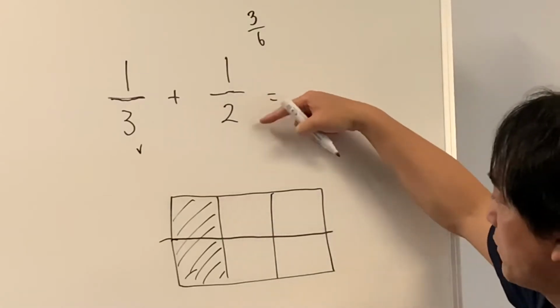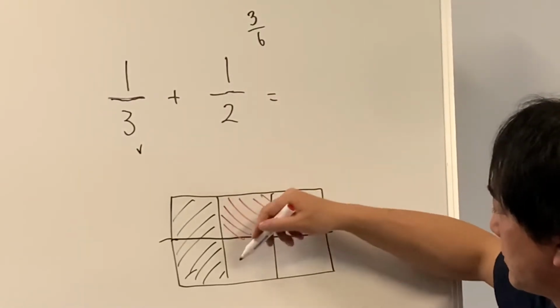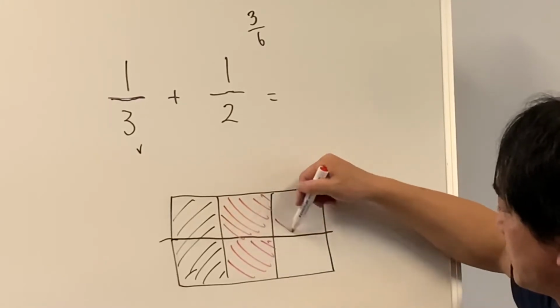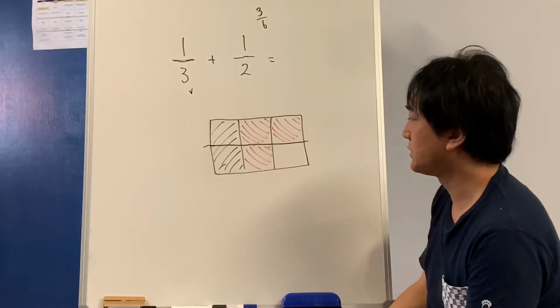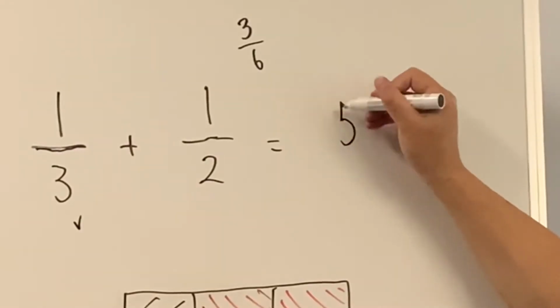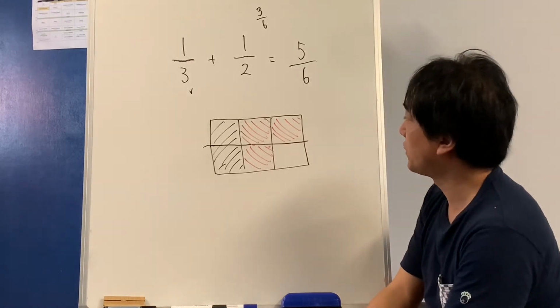So if I want to eat 1/2 of the cake, I need to take 3 pieces out of this. That's 5/6. I ate 5/6 of the whole cake.